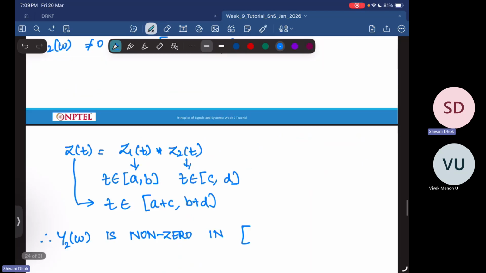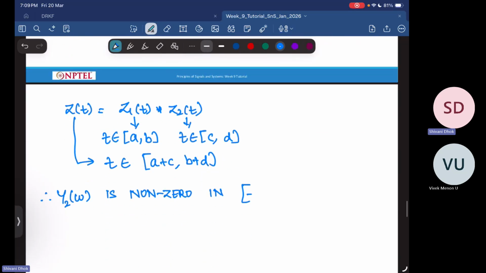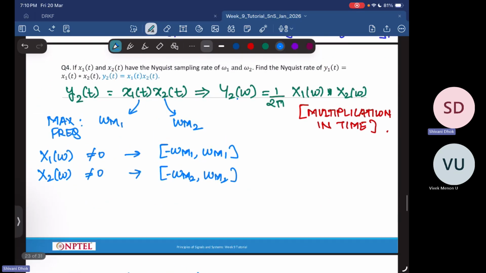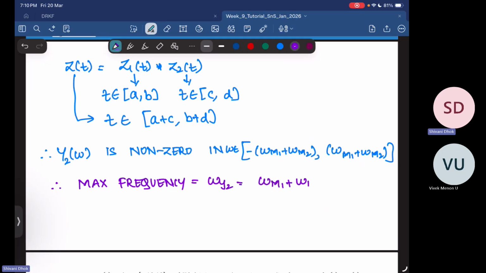in the range minus omega m1 minus omega m2, which I can write as minus omega m1 plus omega m2 to omega m1 plus omega m2. So therefore the maximum frequency, that is omega y2, is omega m1 plus omega m2.